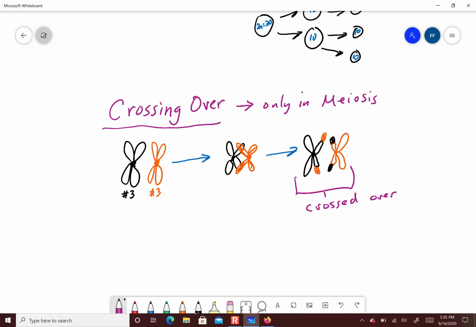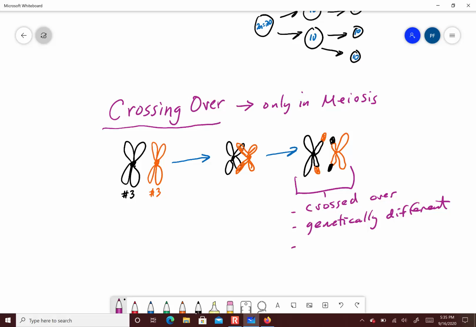And what that means is that they are genetically different. There's a genetic difference between those chromosomes compared back to our original two.